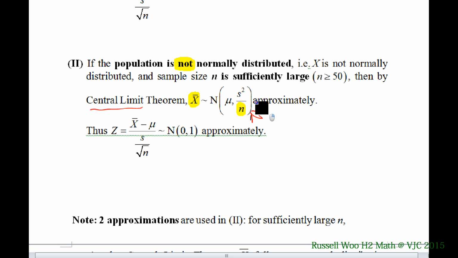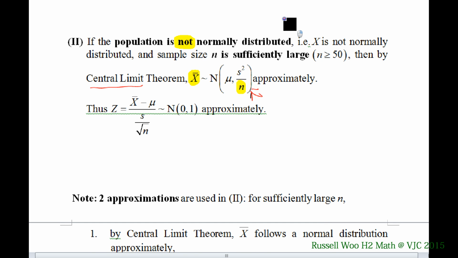But we notice here, I want to emphasize this. In this case, there are two levels of approximation. First level is here. If we do not know the population variance, we have to estimate it.